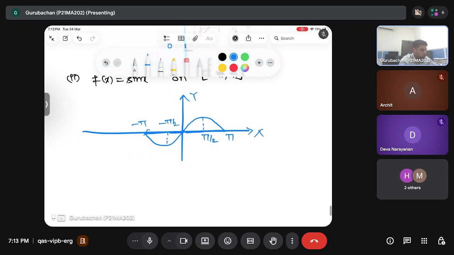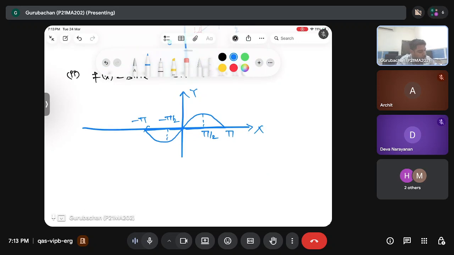You need to first break the sum into each subinterval. In the first part, ck is the left hand point. So your sum will break like this: sum k 1 to 4 f of ck delta xk. The first subinterval is minus pi to minus pi by 2, so the left hand point will be minus pi, and the length is minus pi by 2 minus minus pi. This is your first term.